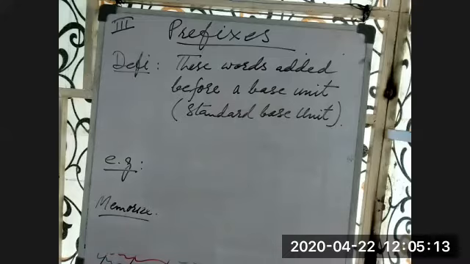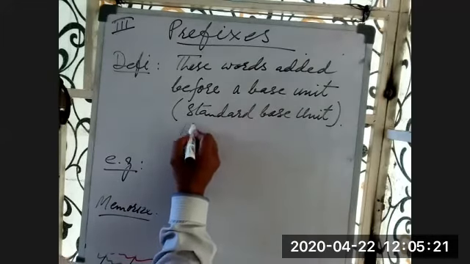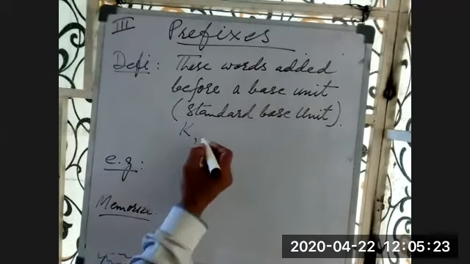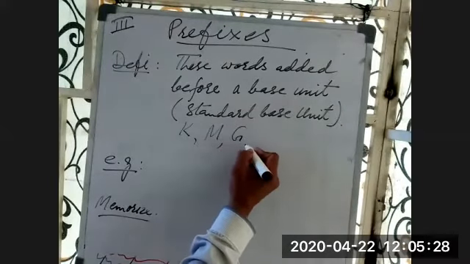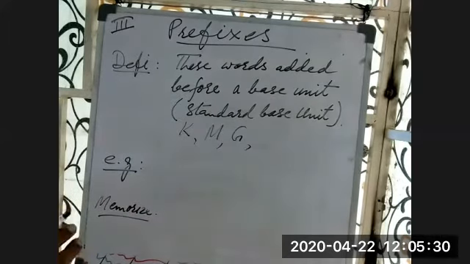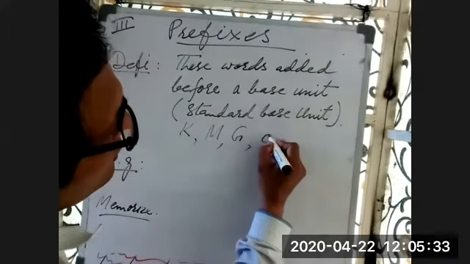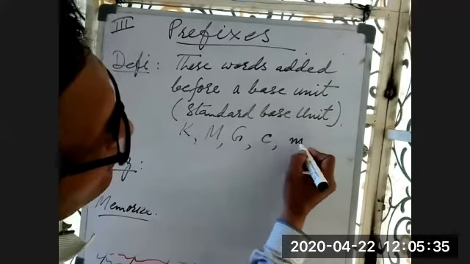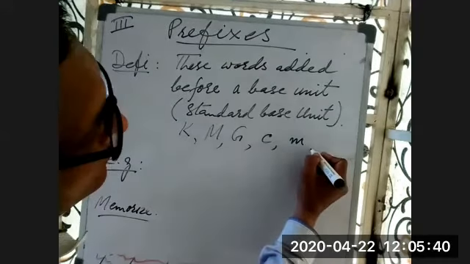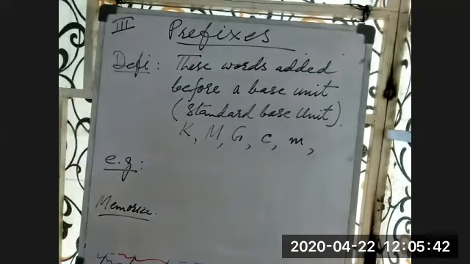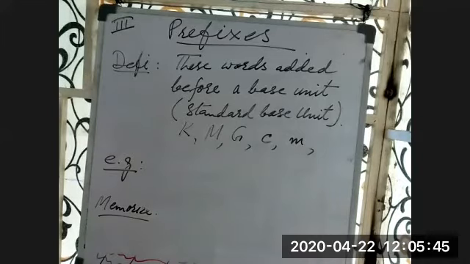Now we'll take an example. The examples are kilo, mega, giga, or for making small units, we have centi, milli (this M is for milli), and deci, etc. Now we will make use of it.